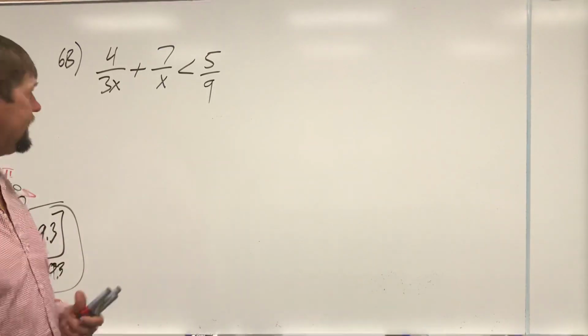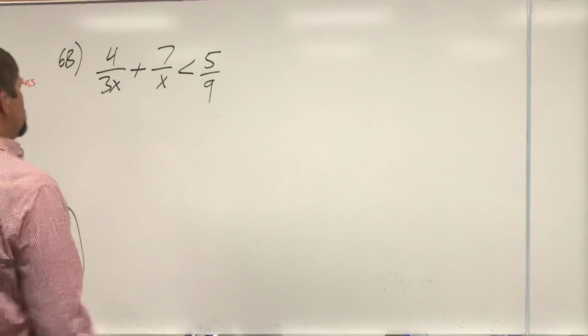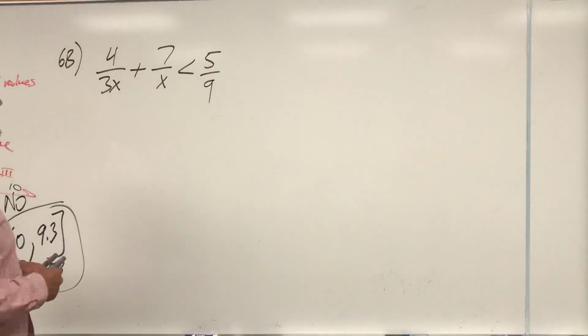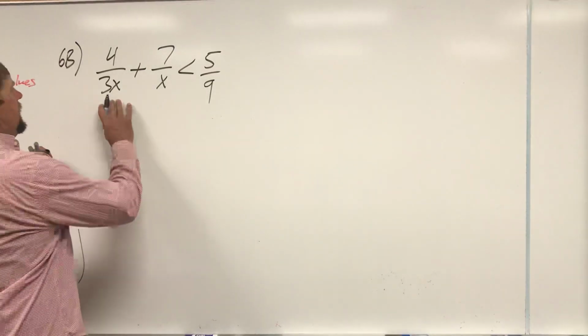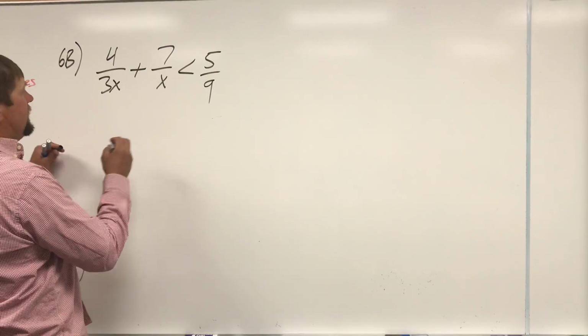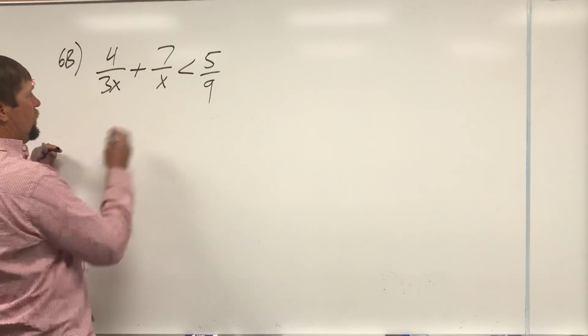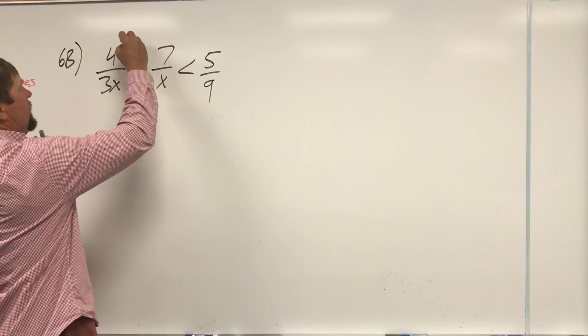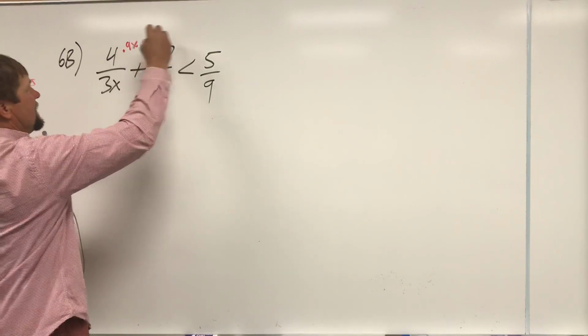Okay, so hopefully you tested this one and you're going to see what the right answer is by going through it with me. First of all, we solve it just like a normal equation. I'm going to multiply everything by 9x.